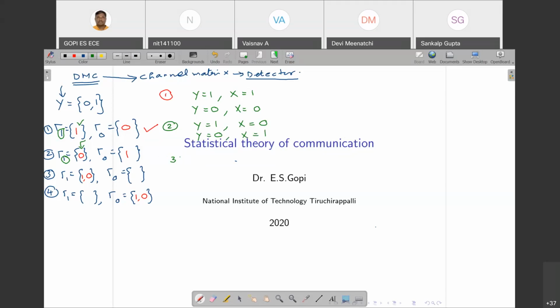In case of this third part, that is the interesting part here. Irrespective of whatever you receive, that means either 1 or 0, both, your detector is going to declare that it is 1 only, whatever is being transmitted as a 1 here. It is like when x equal to 1 or x equal to 0.